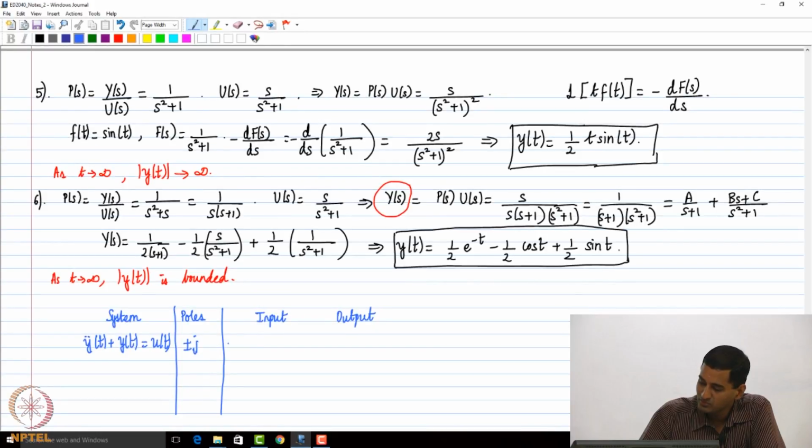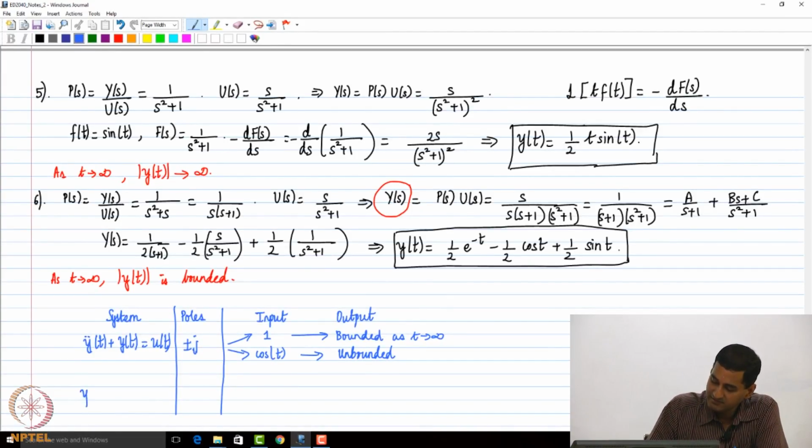When the input was essentially 1, what was the output? Output was bounded, right, as t tends to infinity. Now for the same system, when the input was cos t, the output was unbounded, right?